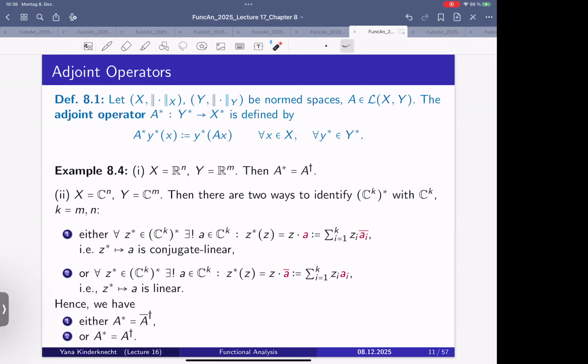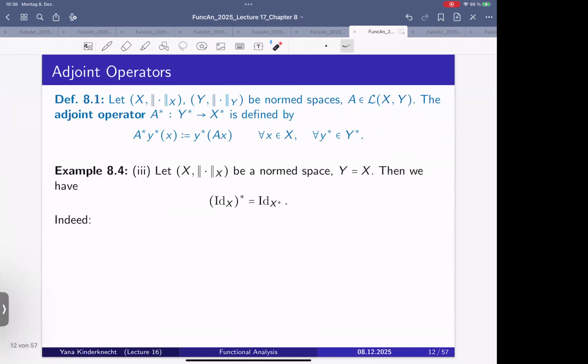So doing exactly as here, you can check that this holds. Okay, so may we go further? Okay, please. Yes. Nevertheless, please remember this small fine thing which appears when we consider complex numbers.